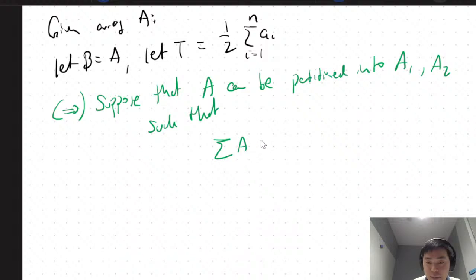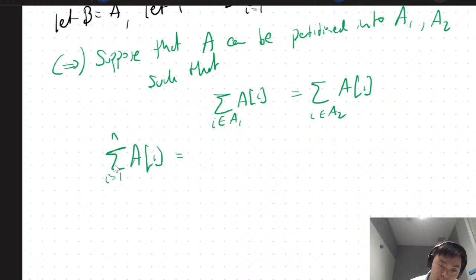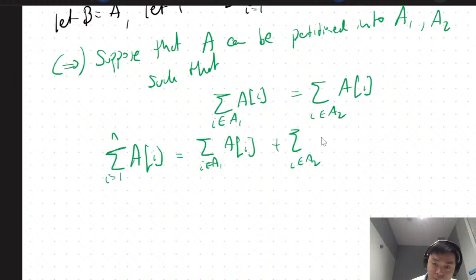So if I look at all of the elements in A1, the sum over i in A1, they have to be equal to the sum over all of the elements in A2. Now, because I know that this is a partition, I know by the previous analysis that the sum of all of the elements of A is equal to the sum of the elements in A1 plus the sum of the elements in A2.